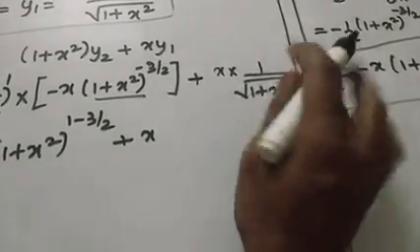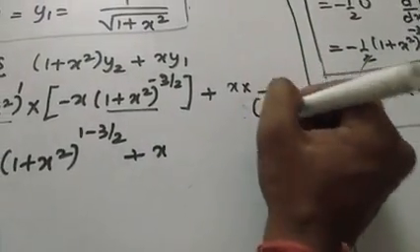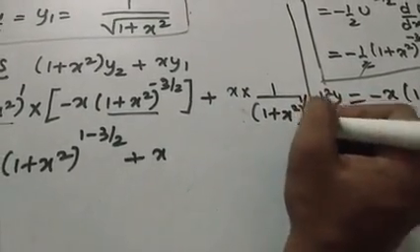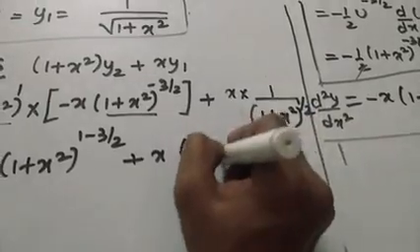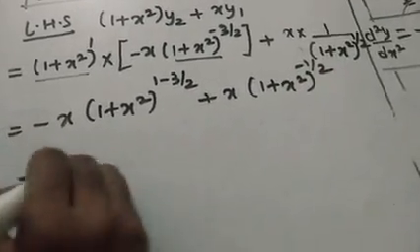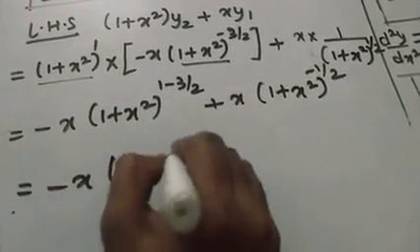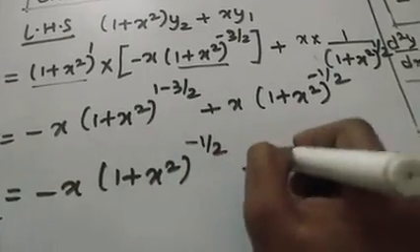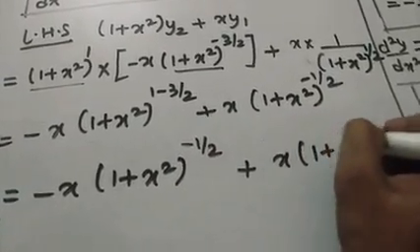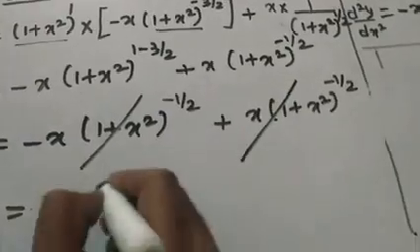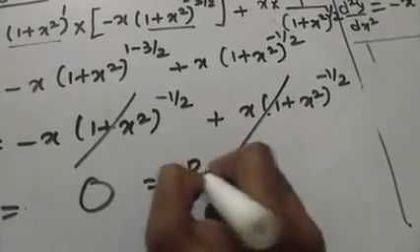First of all, root over means we can write it as 1 plus x square to the power half. And if we take any term from denominator to numerator, it becomes minus half. 1 minus 3 by 2 is minus half. Same terms, this is plus, this is minus, so both will cancel. Answer is 0. That is your RHS.